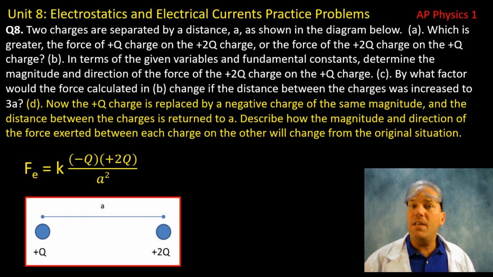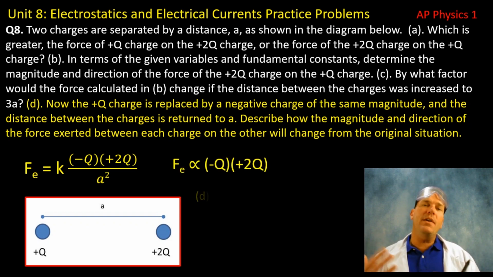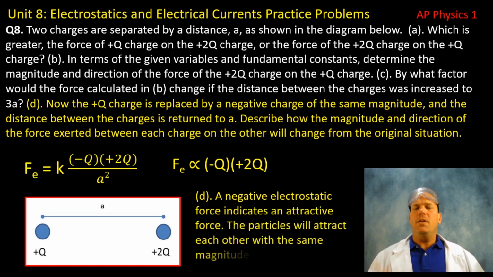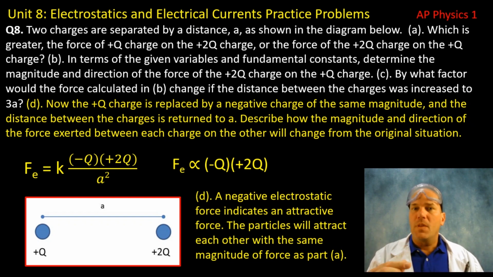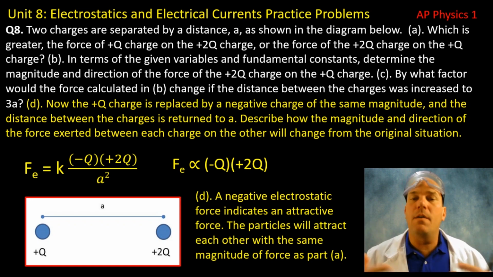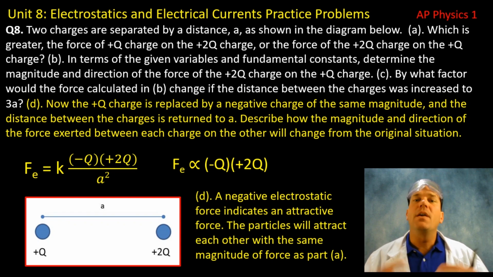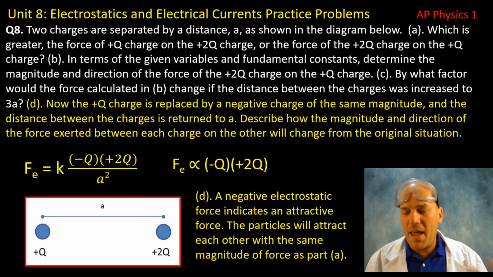Well, it's fairly obvious that now we will get a negative electrostatic force, and the electrostatic force carrying a sign of a negative is an attractive force. So the particles will come toward one another. However, they will have the same magnitude of force. In other words, the amount of newtons is going to be the same. It's just in an opposite direction. And in this case, that minus sign means that those are going to come together, but with the exact same magnitude of force.